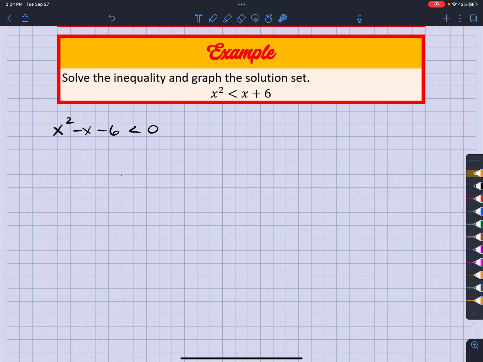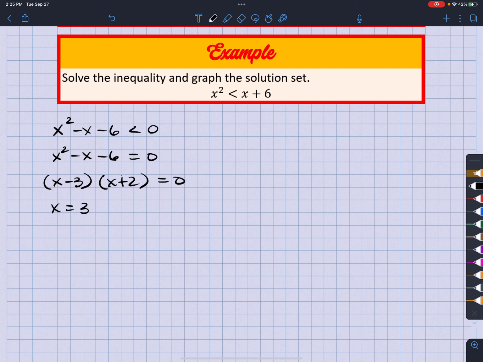To do this, let's first find where the so-called x-intercepts are. So when is x squared minus x minus 6 equal to 0? This is factorable, so x minus 3 times x plus 2 is equal to 0. So at x equals 3 and at x equals -2 it is equal to 0.